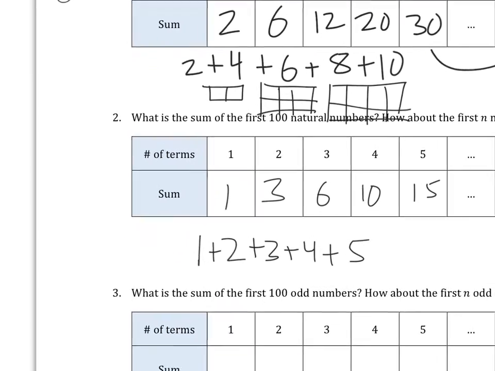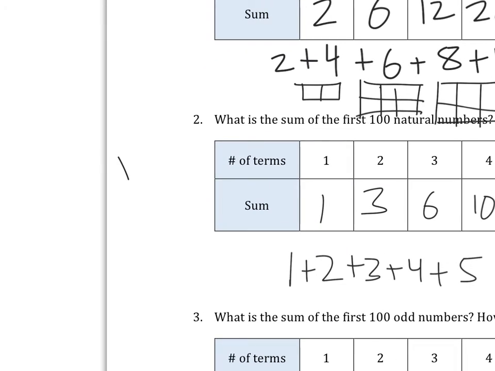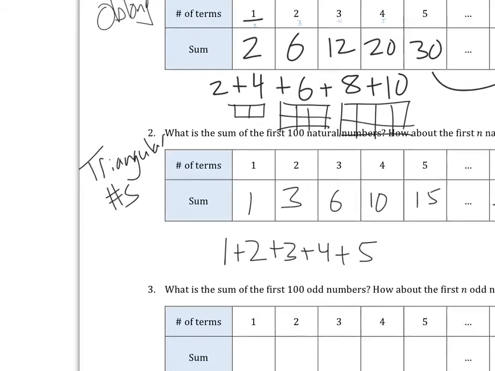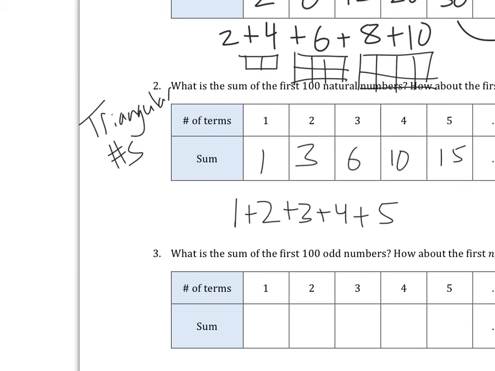These guys are called triangular numbers. Okay? Triangular numbers. Okay? And, well, they make triangles. And, well, we'll see that more later on, okay? We'll leave it at that, okay?